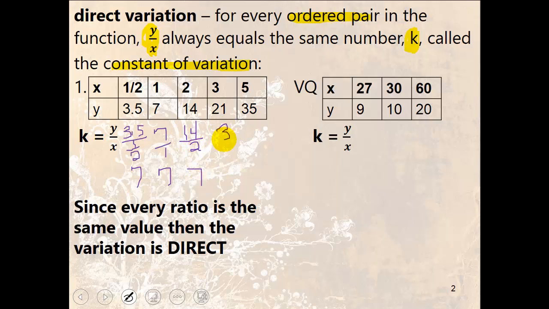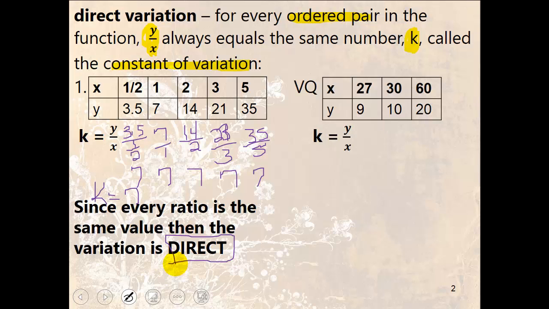And 21 divided by 3 is 7. And 35 divided by 5 is 7. So our constant of variation, k, is equal to 7. And since every ratio is the same value, this would be direct, okay? Because the y divided by the x is the same. That's what makes it a direct.